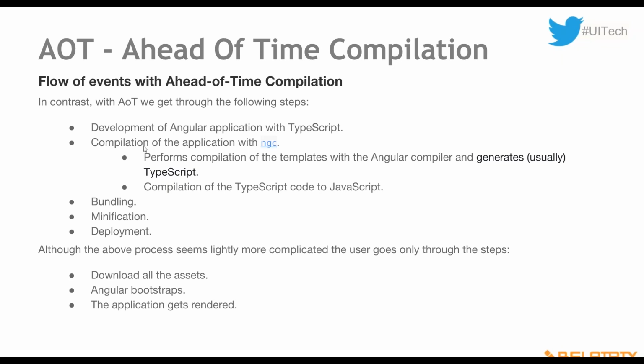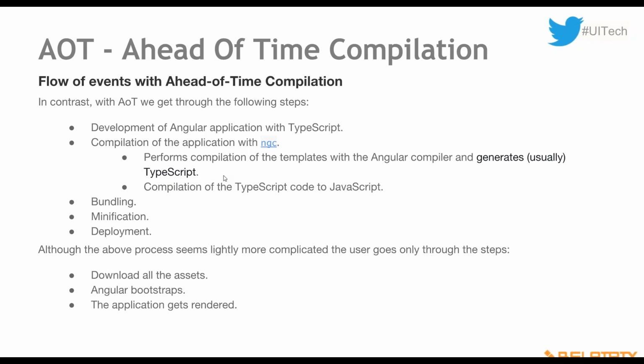We have some services and plugins, for example, for Visual Studio Code, in which we see the curly line, red line below the bindings, if we have a typo or we didn't define the variable of the component, so it's even faster. And if we get everything okay, the bundling, minification and deployment happen.